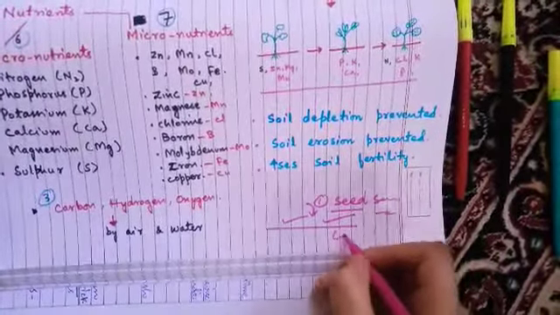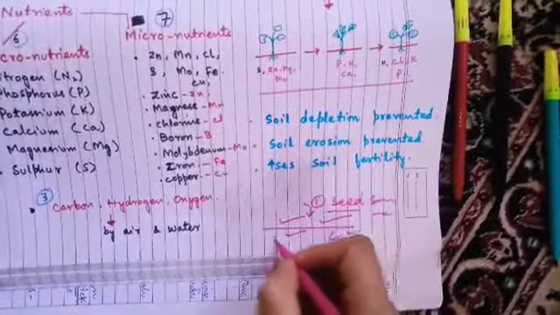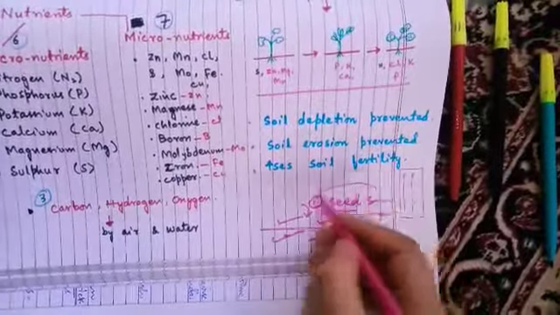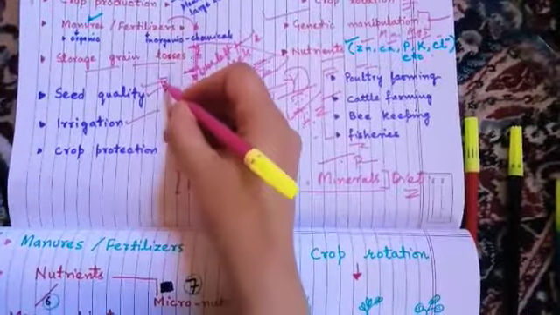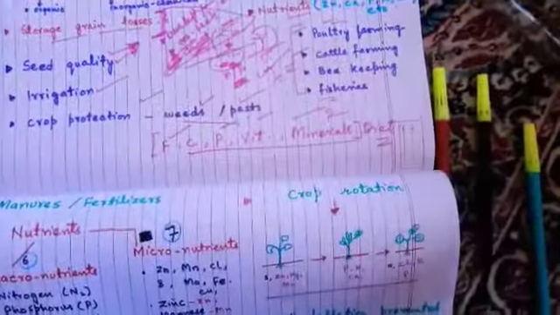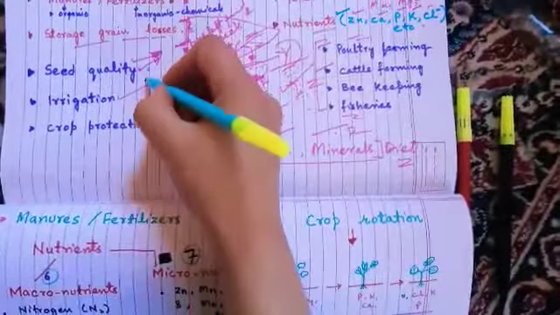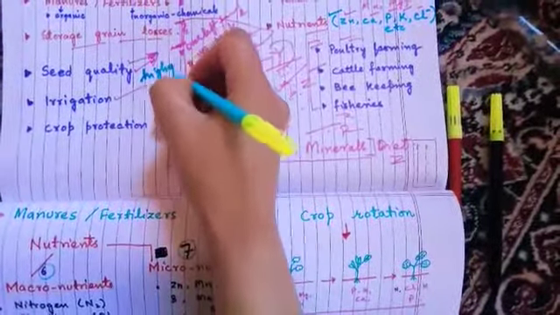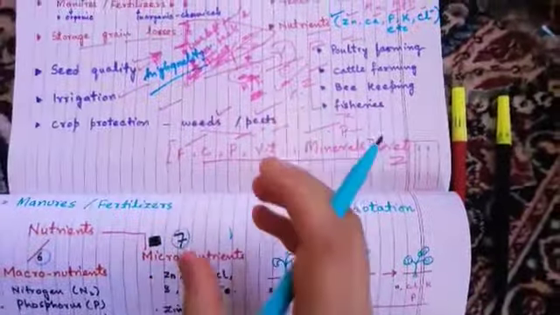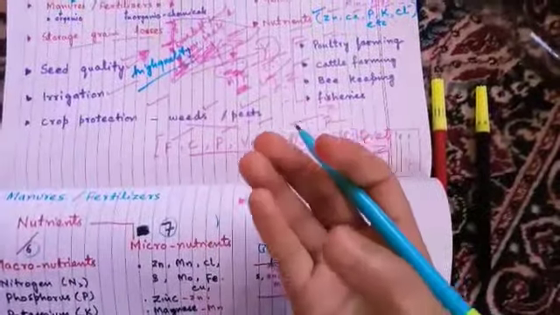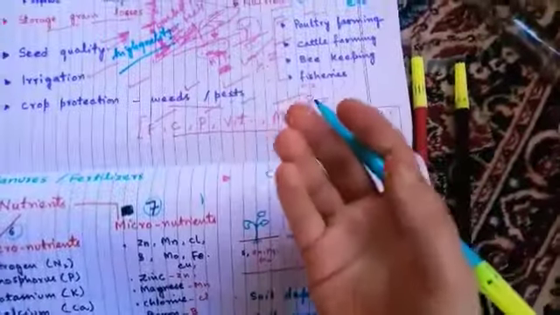First is to prepare the land for the crops, and then the seeds can be sown in that field. Now the seed quality is the main factor in crop production, because we should use high quality seeds. Only high quality seeds can yield high yielding varieties of plants.